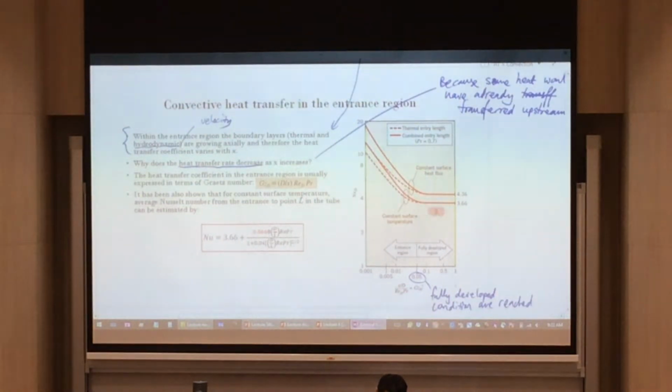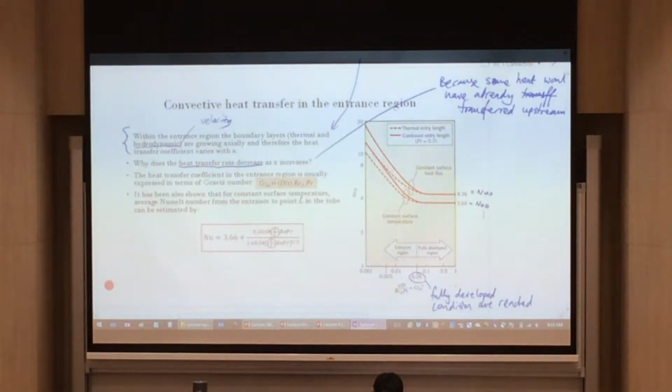There are two graphs over here. One is at Nusselt number equal to 4.36, and the other is when you have your Nusselt number at 3.66.